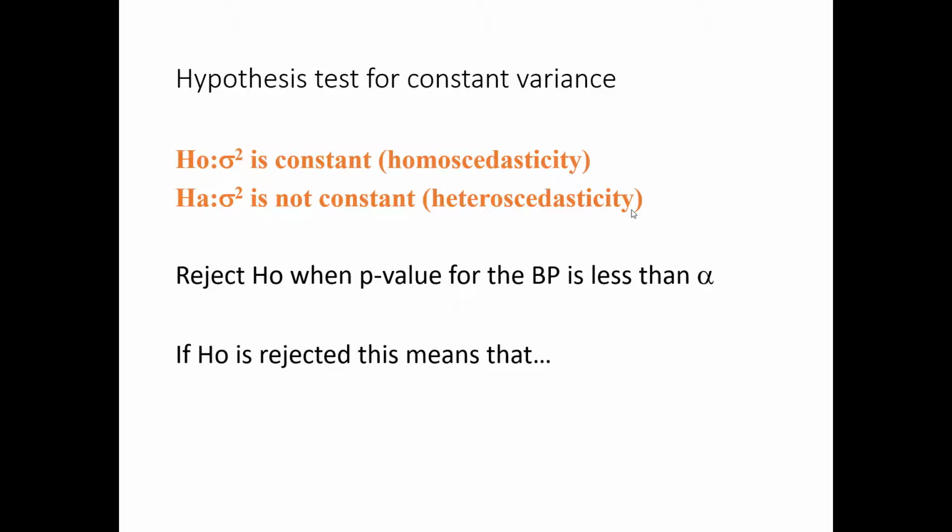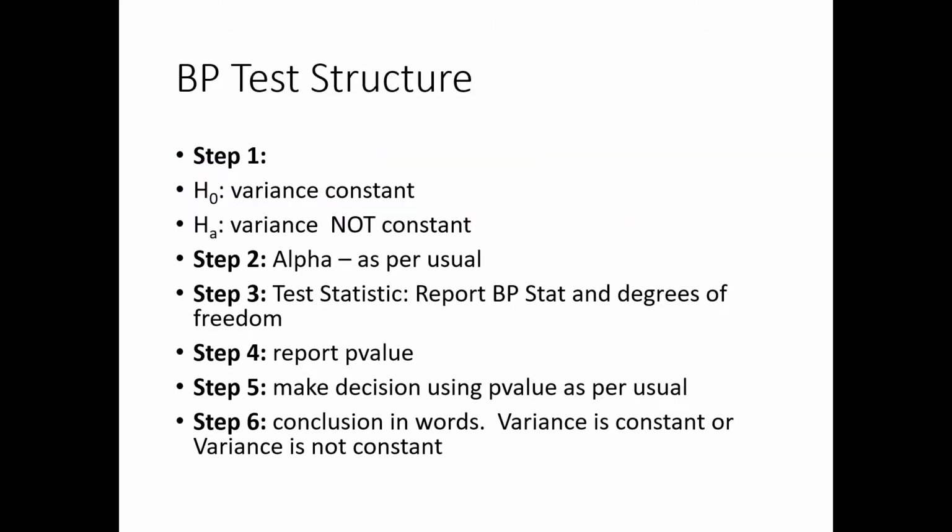And then you take that p-value and use it in the normal course of life here. It's the normal, regular 6-step process, and nothing is different. The only thing that changes is what we're testing. In this case, we're testing that the variance is constant versus the variance is not constant. So it's words, no Greek letters here.